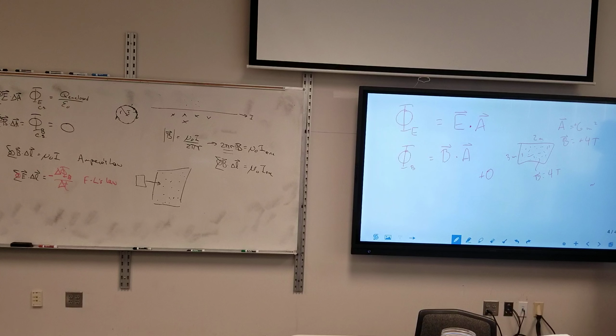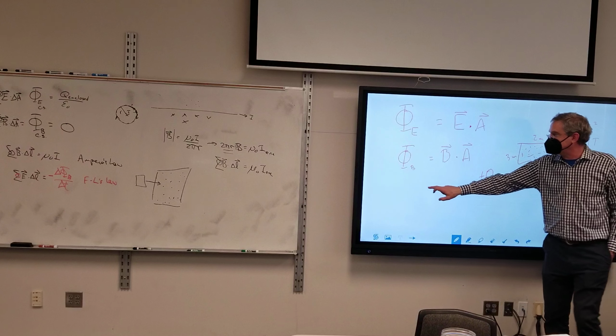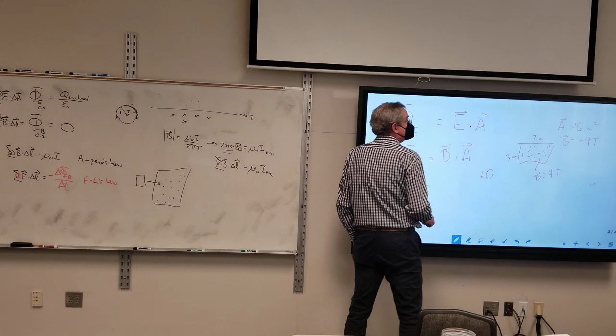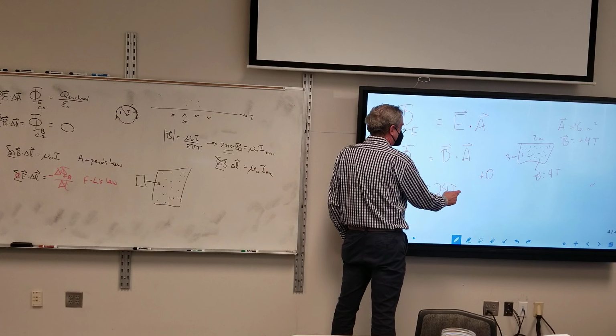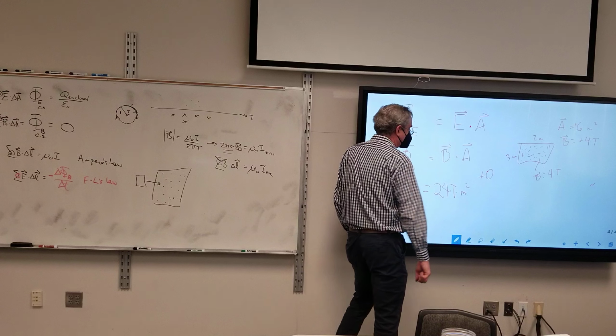And so I'm doing a dot product, so I'm multiplying parallel parts while they're parallel. So my magnetic flux would be 24 Tesla meters squared.